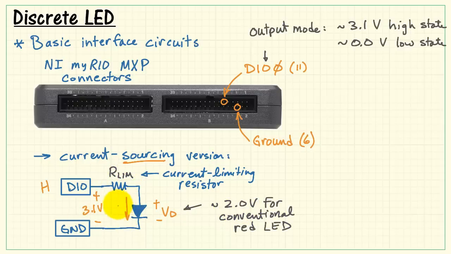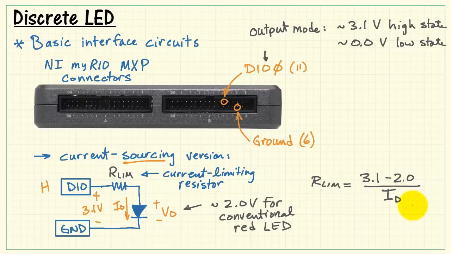The current limiting resistor is what allows us to set the amount of current I sub D that flows out of the DIO on its way to ground through the LED. Some quick circuit analysis here says that the voltage that appears on either side of that current limiting resistor, 3.1 volts on one side, 2.0 volts on the other, divided by the value of the resistance is equal to the current through the resistance, which is the same thing as the diode current.